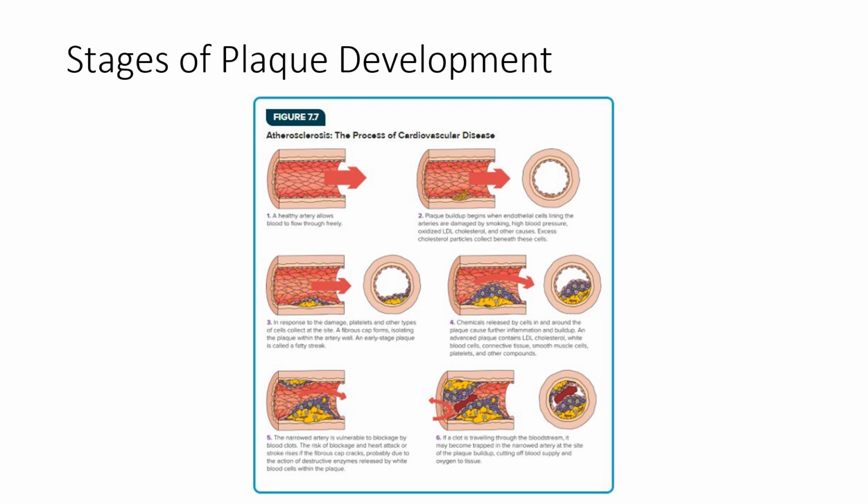We all have the risk of having small blood clots freely moving through our arteries, but when there is enough plaque buildup and that artery is very narrow, that blood clot can get stuck and not pass through. And this is when we start to see the cutting off of the blood supply and oxygen to the lungs and other parts of the body, which leads to those outcomes that we had previously discussed.